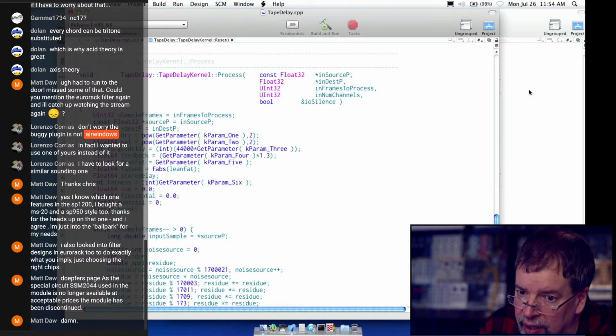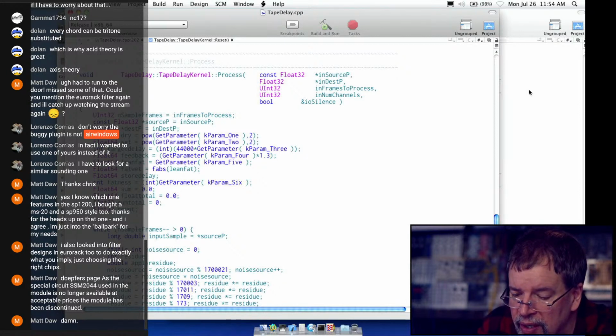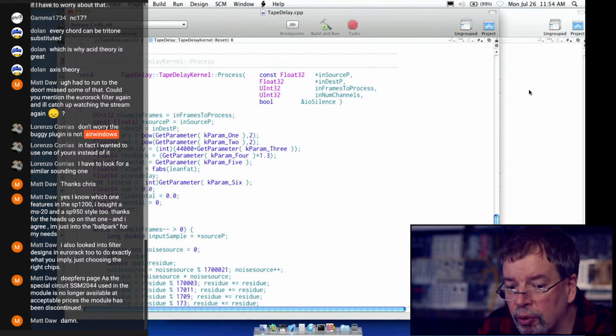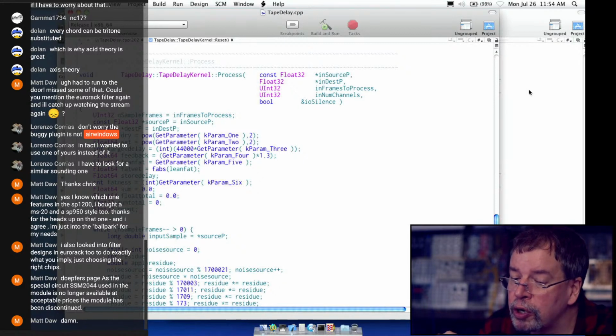And again, Matt Daw, I guess that implies that they're using the new old stock ones. So Doepfer were using literally the same chip. But they do make other variations of that, and people are doing reissues of it.